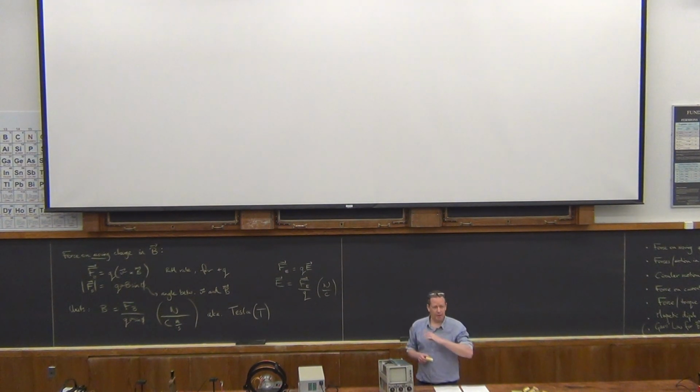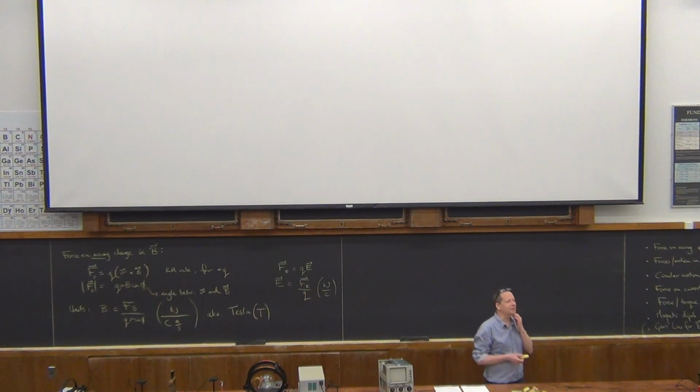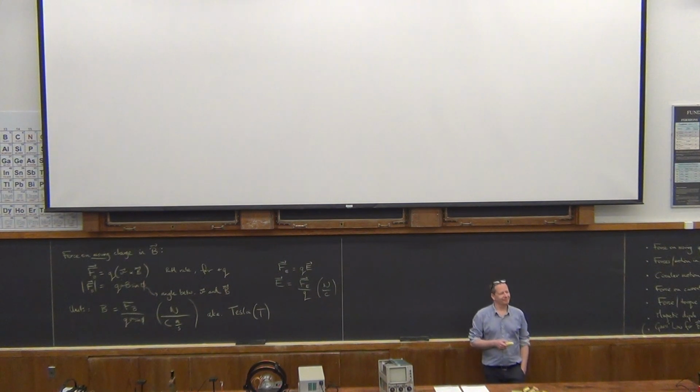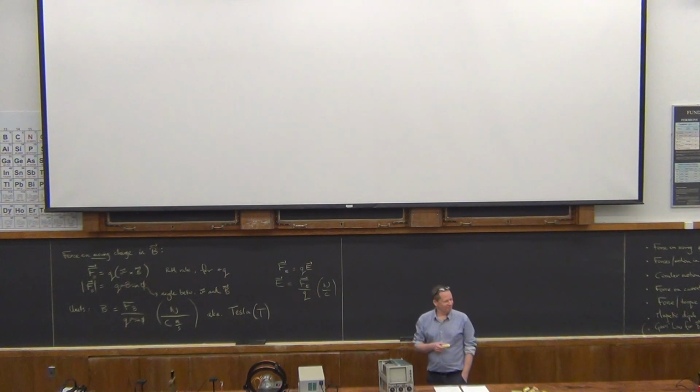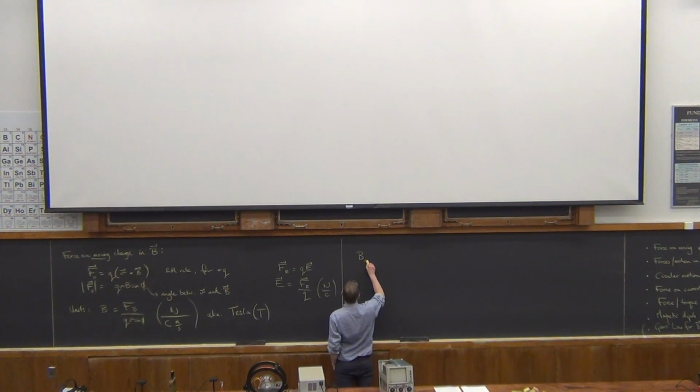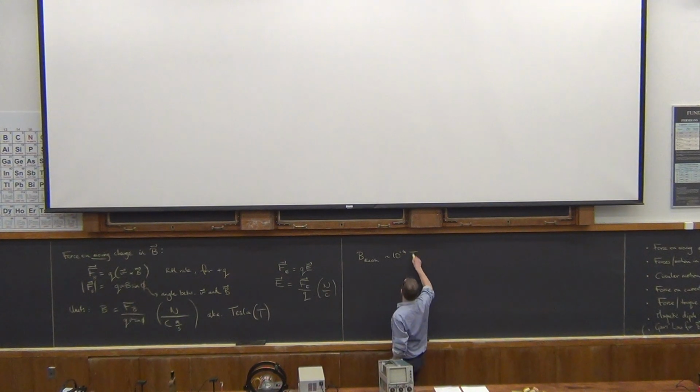I've talked about Tesla so far, so people may know some other types of units for magnetic field. This could be some guess or knowledge of what Earth's magnetic field is. Yep, 10 to the negative 4 Teslas. Okay, pretty good. So the Earth's magnetic field is indeed around 10 to the minus 4 Tesla.